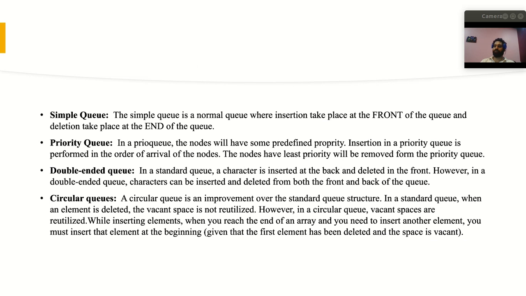Now we will move ahead and see how we can implement our own custom queue in the Java language. For that you have to keep 4 to 5 things in mind.